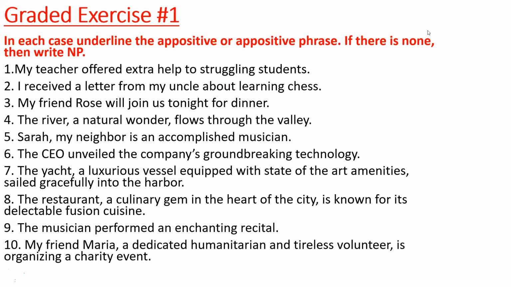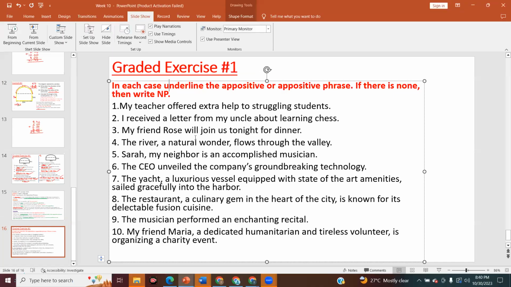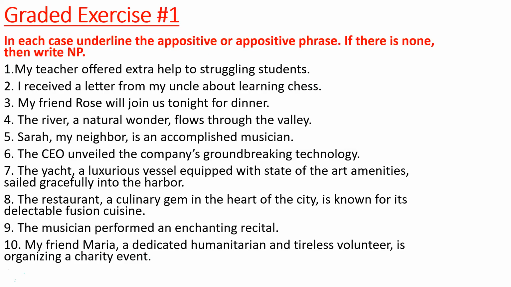So number 1 says, my teacher offered extra help to struggling students. Number 2, I received a letter from my uncle about learning chess. My friend Rose will join us tonight for dinner. The river, a natural wonder, flows through the valley. Sarah, my neighbor, is an accomplished musician. The CEO unveiled the company's groundbreaking technology.